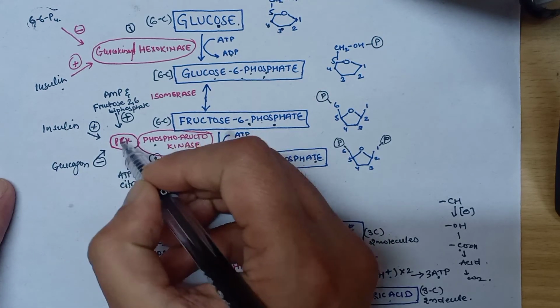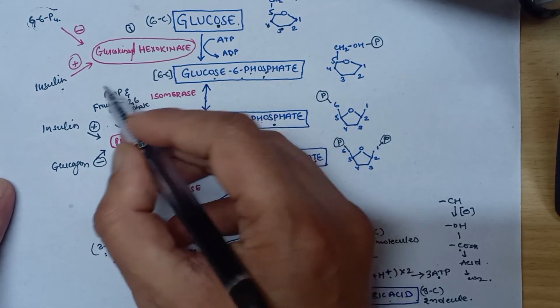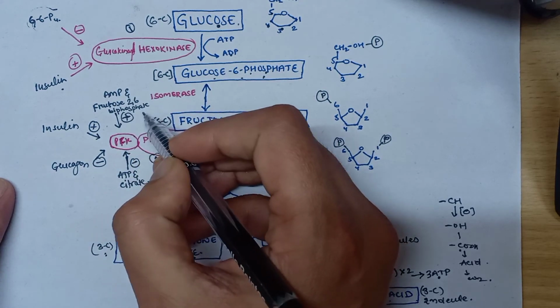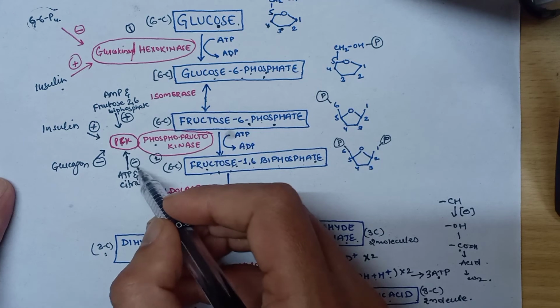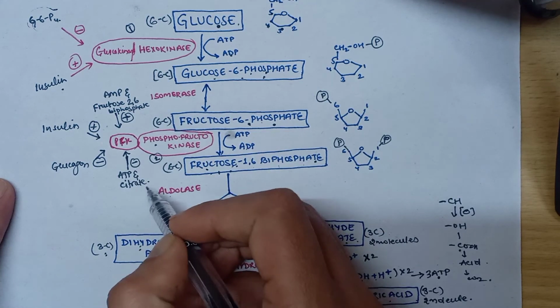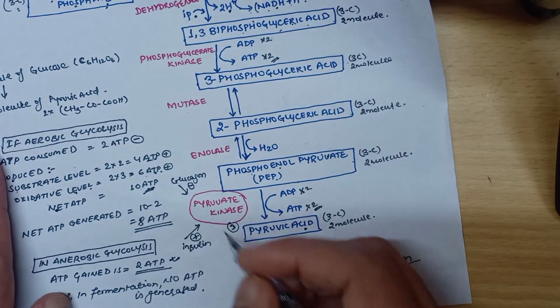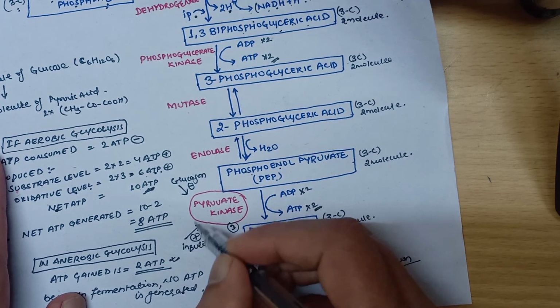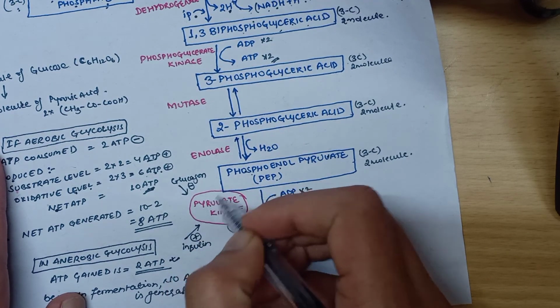This phosphofructokinase is also stimulated by AMP and fructose 2,6-biphosphate, and it is inhibited by ATP and citrate. Whereas pyruvate kinase is stimulated by insulin and it is inhibited by glucagon.